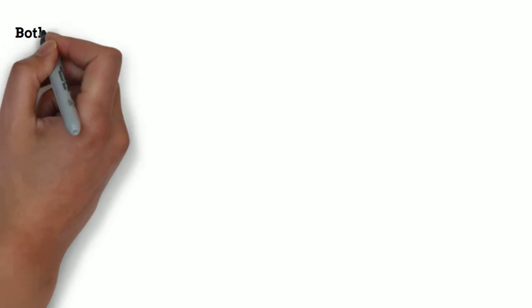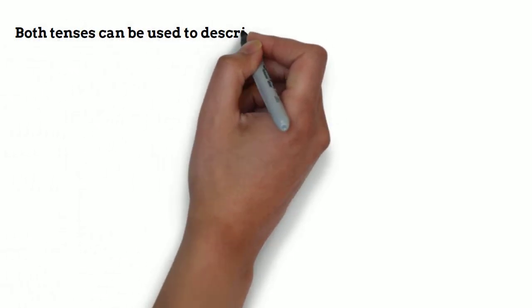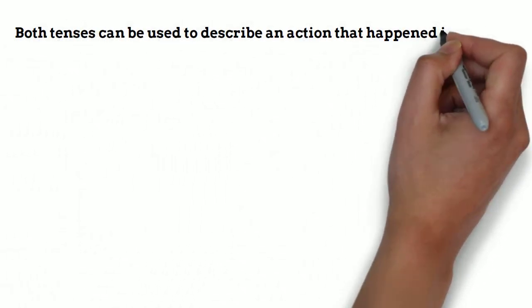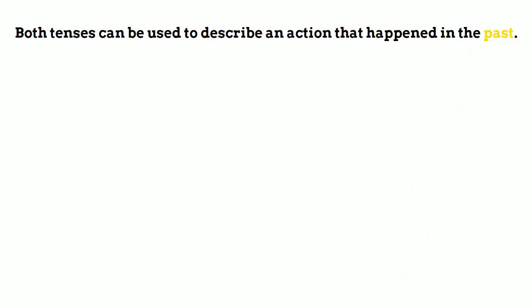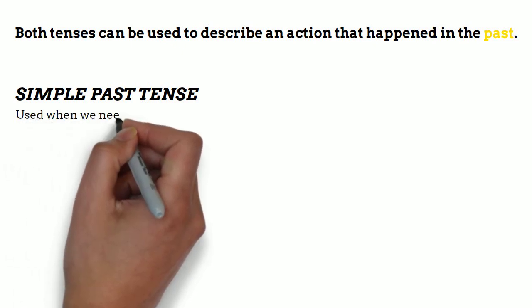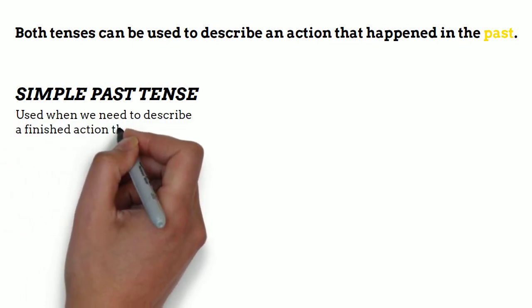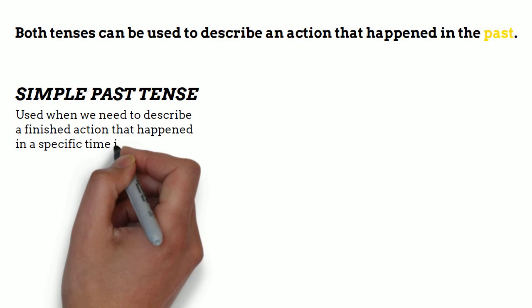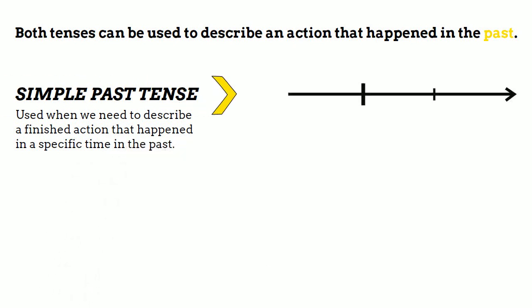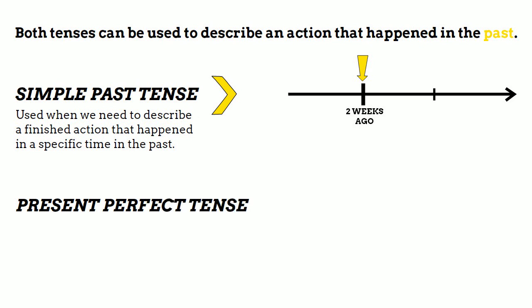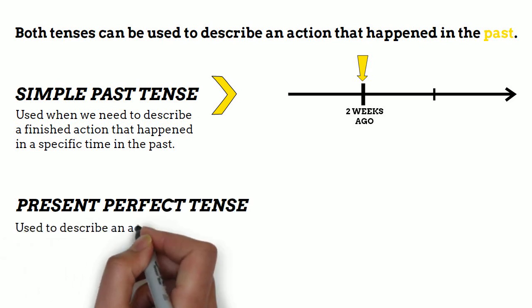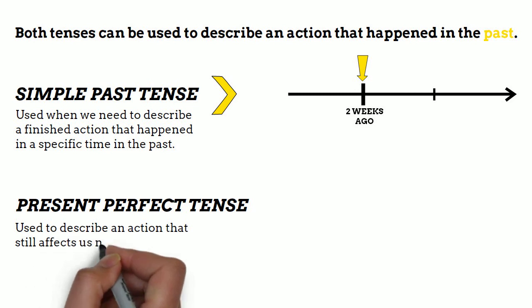As we said, both tenses can be used to describe an action that happened in the past. However, simple past tense is usually used when we need to describe a finished action that happened in a specific time in the past. And present perfect tense is usually used to describe an action that still affects us now.